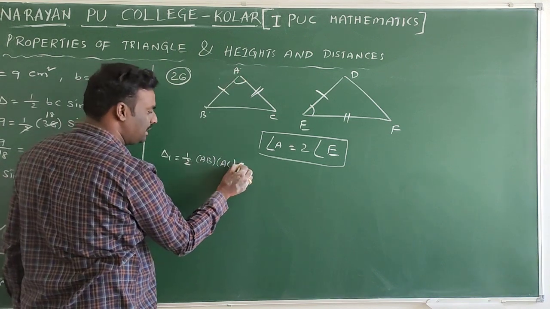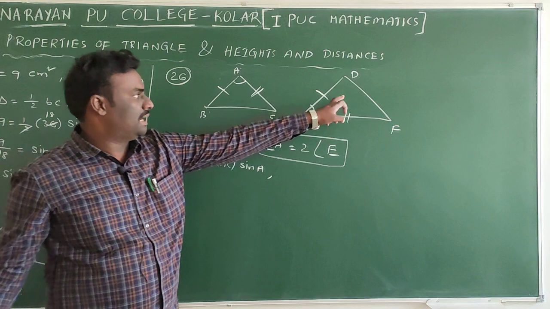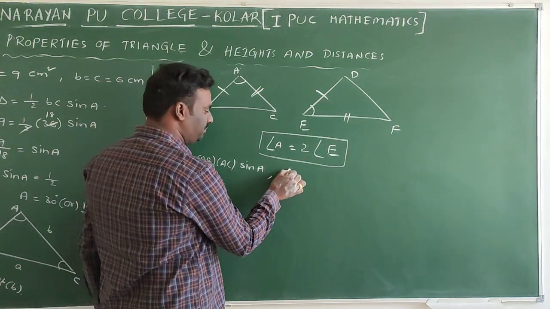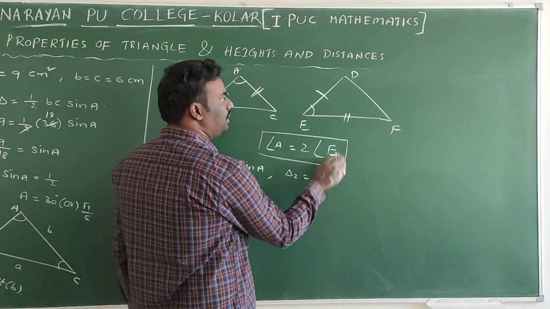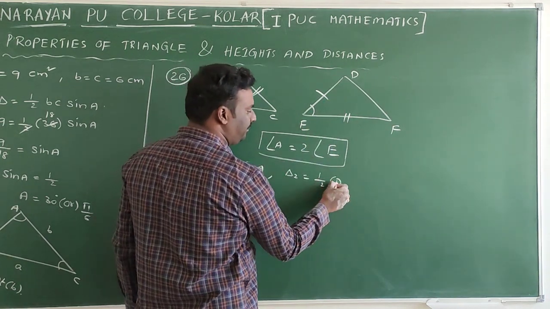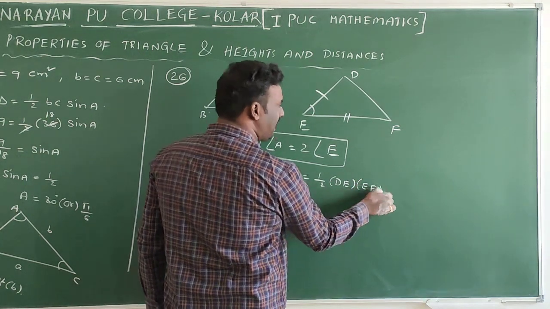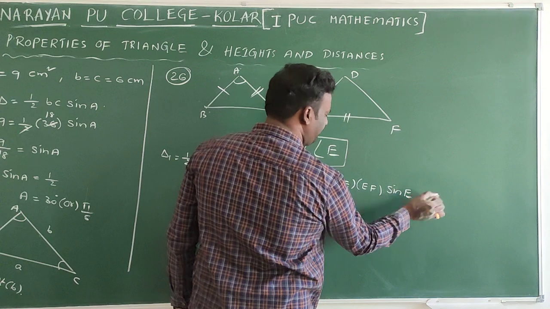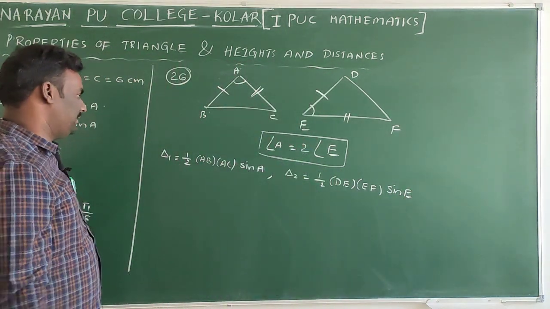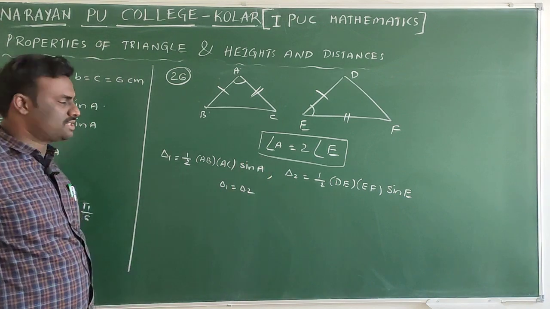A, that is nothing but sin A. Here also I am taking the area, delta 2, half into this side DE, this side EF, and the angle between these two is E, that is sin E. But we are given delta 1 equals delta 2, both are the same.